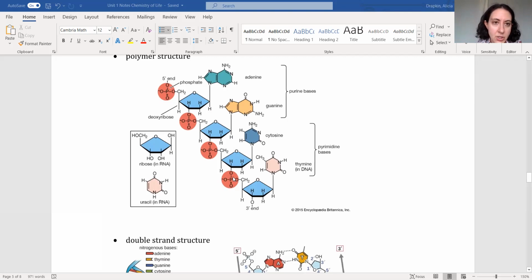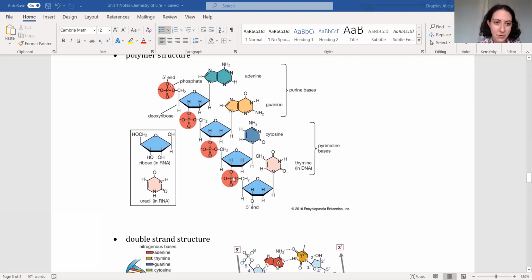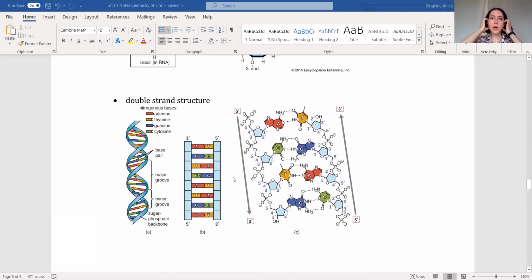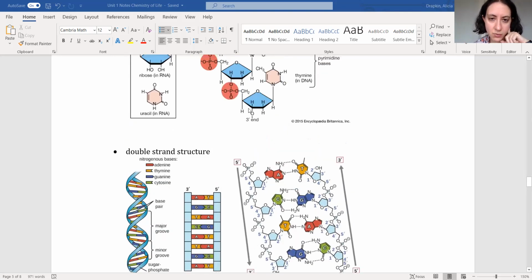Okay, so let's talk about this 5' 3' end thing. It actually is super important. So when these link together, they always link with the 3' carbon, which would be like over here.